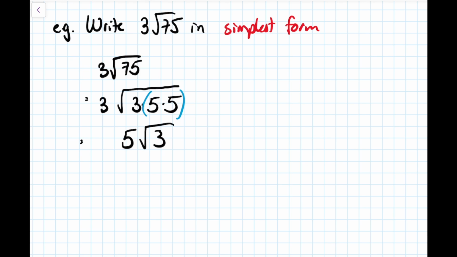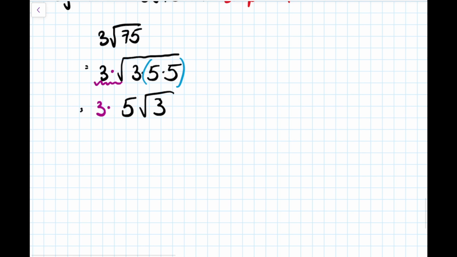So remember, if you have a coefficient out front, like we do here, that just means multiplication. This is 3 times that root. And so it's still 3 times whatever we had there. So 3 times 5 root 3, well, really, we can just do 3 times 5. We're just going to take that thing on the outside, multiply those, and we're going to get 15 root 3.